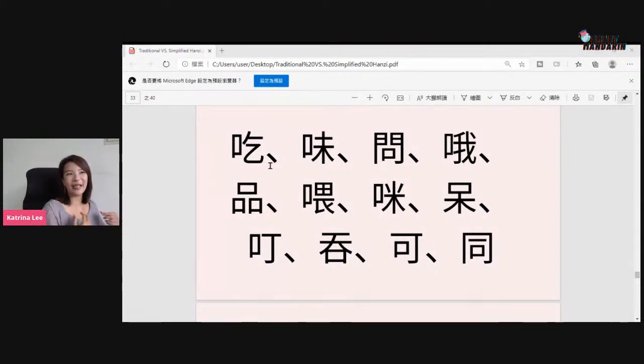Let's take turns writing characters on each other's backs. My sister will write something on my back, and I need to feel what she wrote according to the feel and the stroke order.